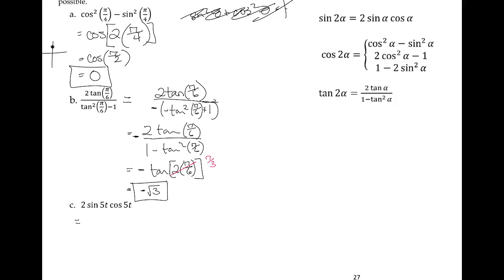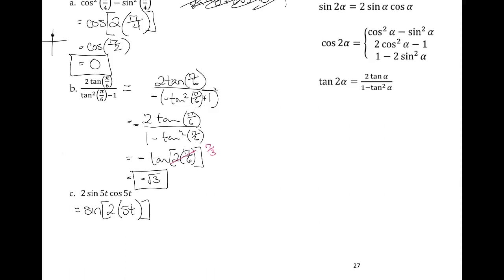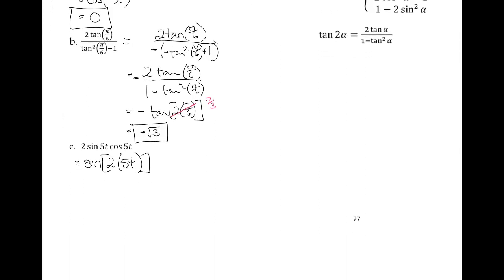So what we see there is we can say that this is the same as my identity, so I can plug it in instead as sine of 2 times 5t. Unlike our first two parts of this example, where we had actual values in place of alpha, here we just have a different letter, or a combination of letter and number, a different polynomial. So I just can simplify it.